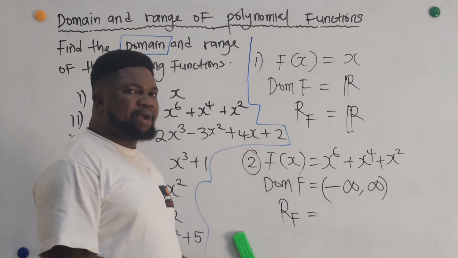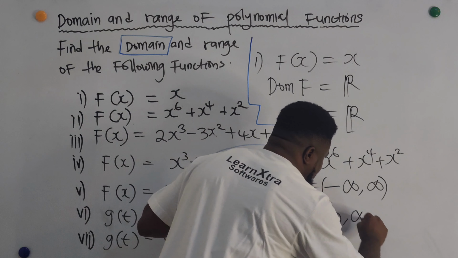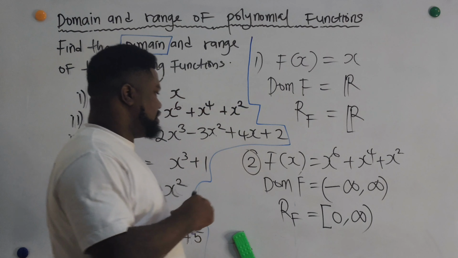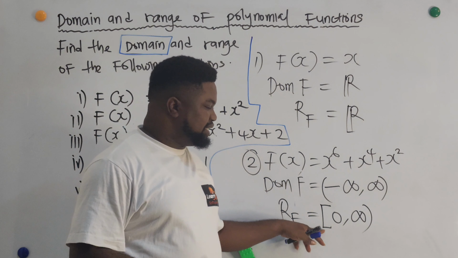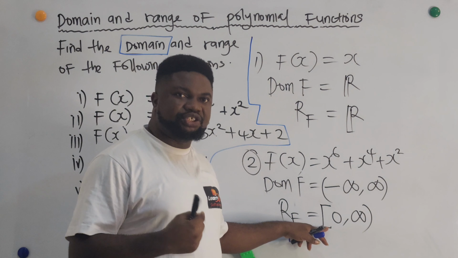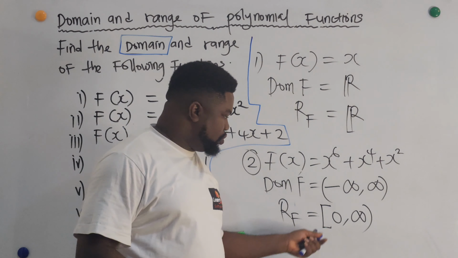With this, my range will not be all real numbers. My range will contain only non-negative real numbers, from 0 to infinity. Those who have learned interval notation will understand this. Check our video on interval notation to understand this.